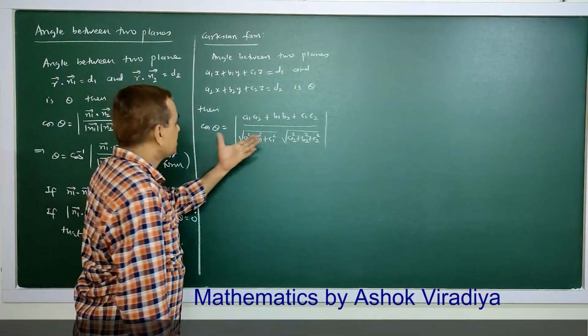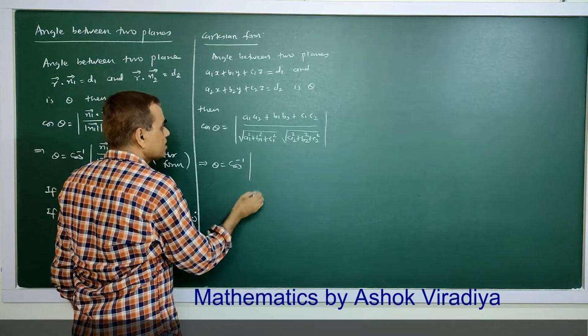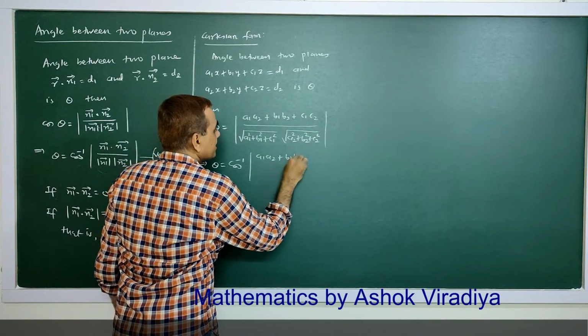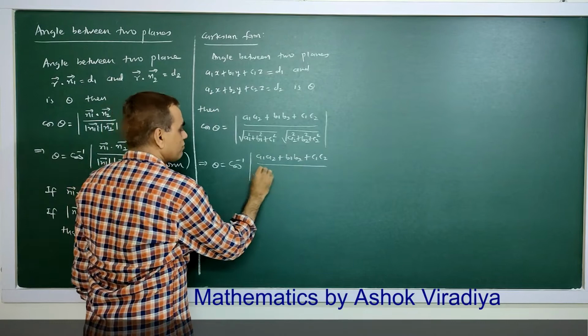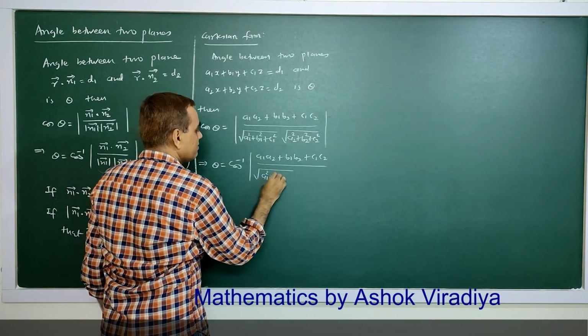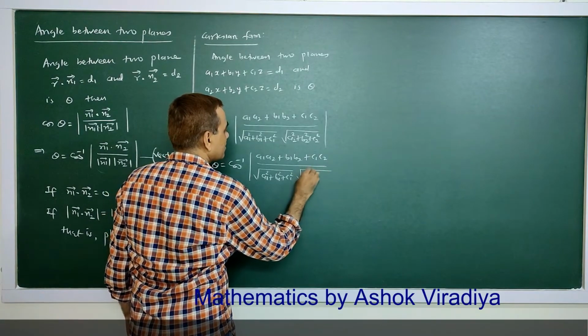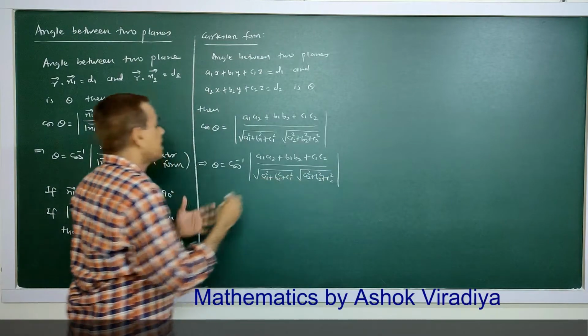So this is cos theta, that means theta is cos inverse of modulus of a1 a2 plus b1 b2 plus c1 c2 upon square root of a1 square plus b1 square plus c1 square into square root of a2 square plus b2 square plus c2 square. So this is the Cartesian form.